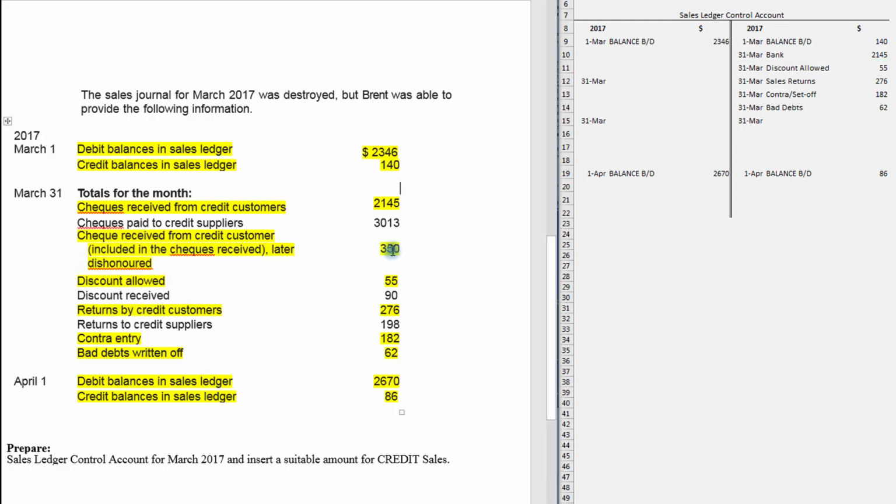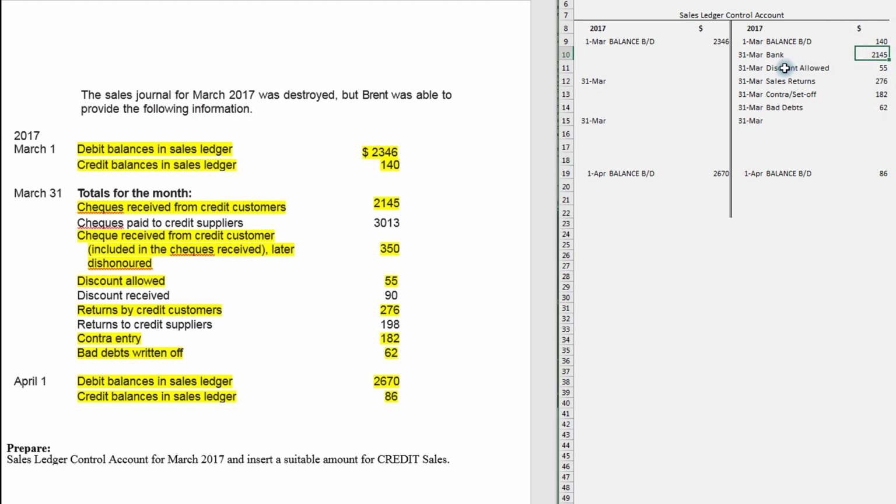Now, before the discount allowed, we had another item: checks received from credit customers later dishonored, $350. That $350 would have been included in the amount of $2,145 that would have been collected already.